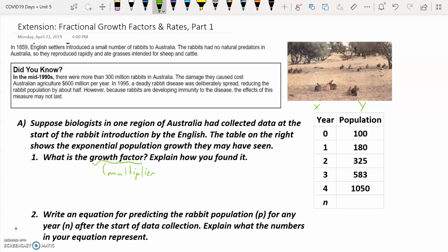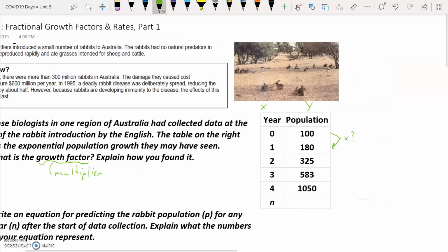We're looking for a multiplier. So your question is, what is 100 being multiplied by in order to get 180? Since we're looking for a multiplier, it's 100 times what is equal to 180.